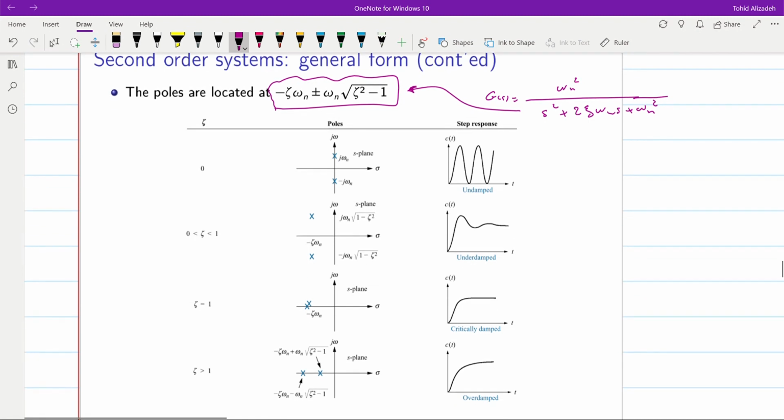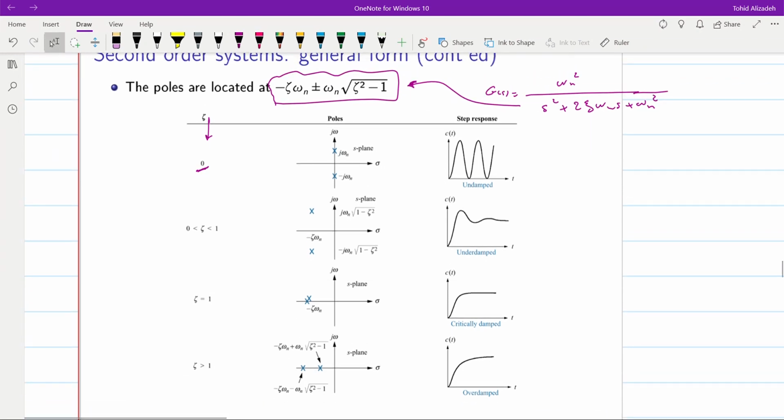Then, based on the value of zeta, we have 4 cases as we just discussed. When zeta is equal to 0, the two poles are located on the imaginary axis at plus or minus j omega n, and the undamped response is similar to a sinusoid.